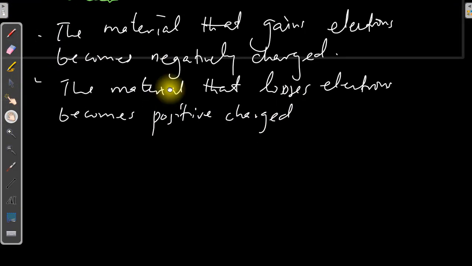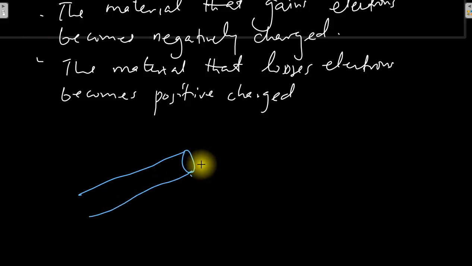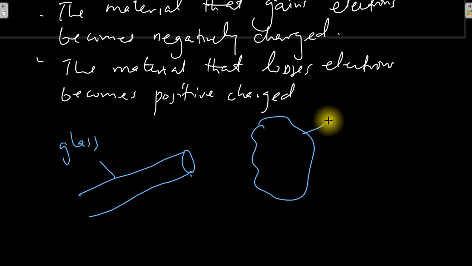Let's illustrate this with the case of a glass rod. So assuming we have a glass rod which is originally neutral, and we have a piece of silk which is also neutral.